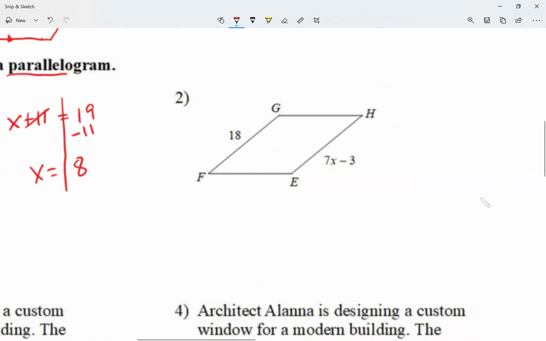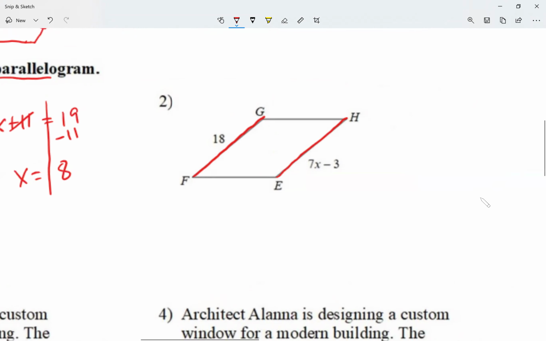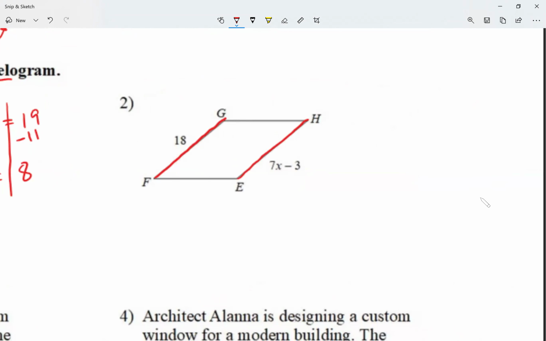Take a look at question number 2. I see the side FG is 18. I see the side EH, 7x minus 3. But because this is a parallelogram, not only those two sides are parallel, but they're also congruent, they equal each other. So I'm going to say that 18 is equal to 7x minus 3.